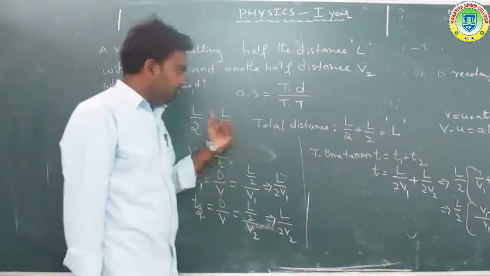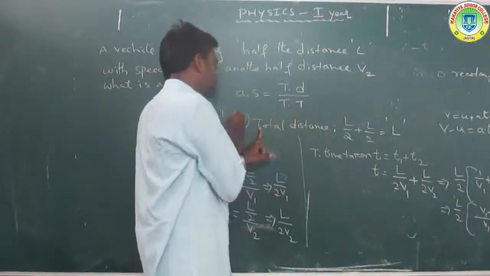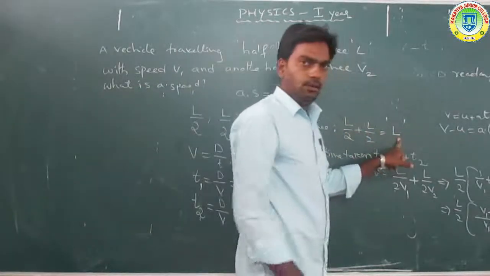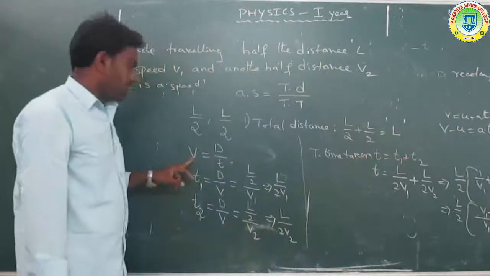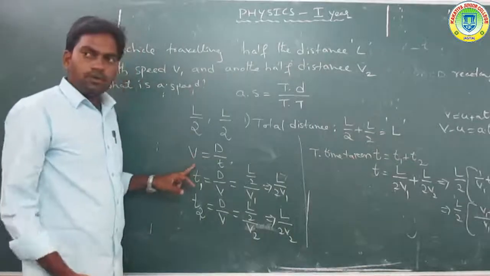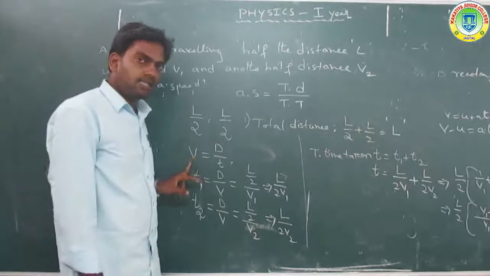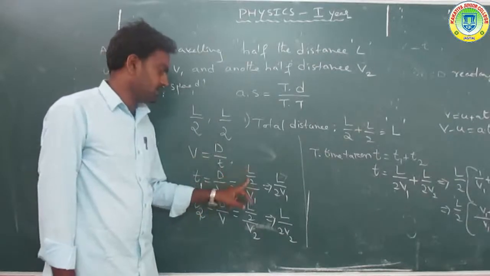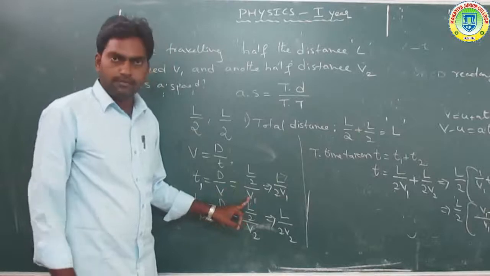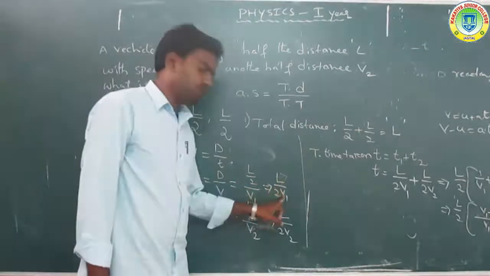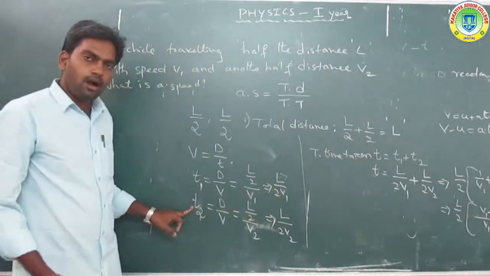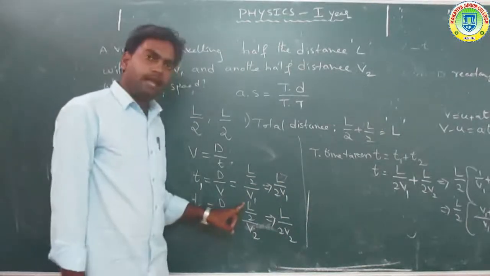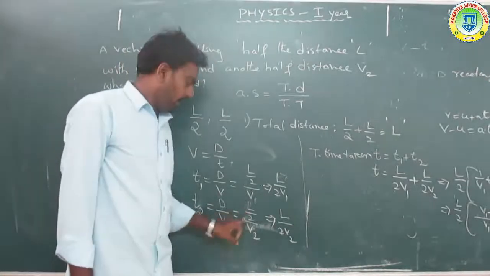Now the total distance is the first half distance plus the second half distance. For the total time, using the general formula, time equals distance by velocity. t1 equals L by 2v1 and t2 equals L by 2v2.